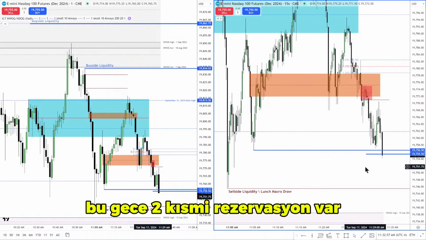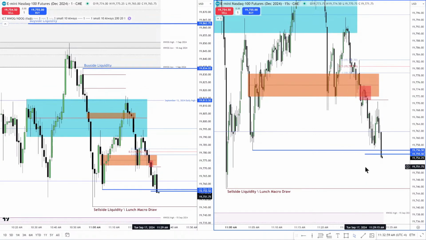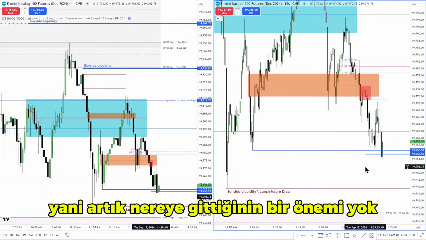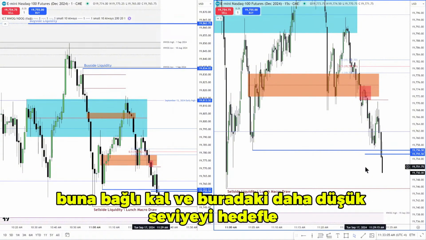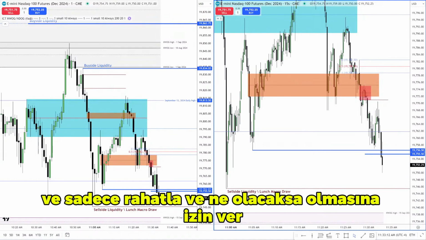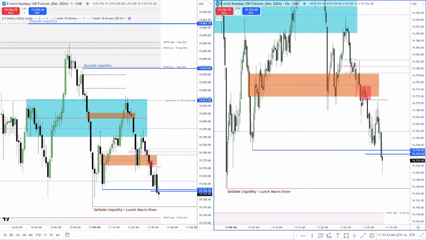So now you'd have two partials booked. Stop would stay right where it's at, so it doesn't matter where it goes now. You stick with it and aim for this low here, and you just relax and let whatever's going to happen, happen.